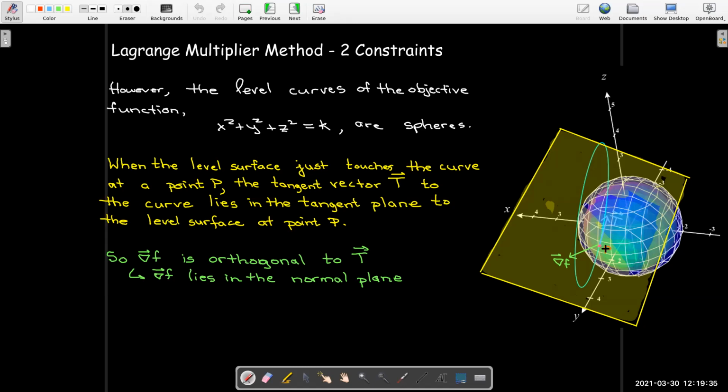It's tangent, so the tangent plane to the level surface contains the tangent vector to the curve, and since the gradient vector can serve as a normal vector to this tangent plane, that normal vector has to be orthogonal to every vector in the plane, so it's orthogonal to the t vector. But all of the vectors orthogonal to t are in the normal plane for the curve at that point.